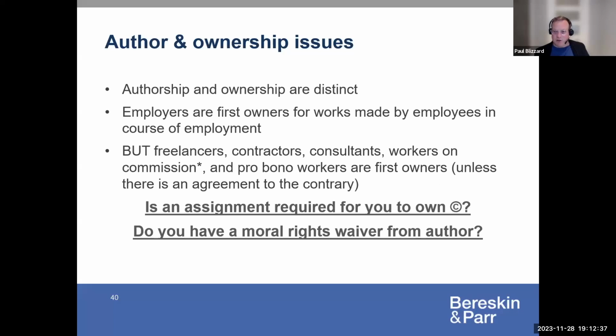Next question from Colin. Does the development of a video game automatically qualify for copyright protection? And if so, does this make my game a viable candidate for IP-based funding opportunities? Good question.